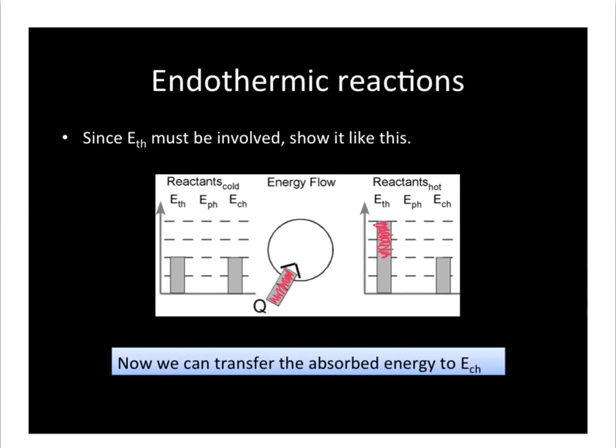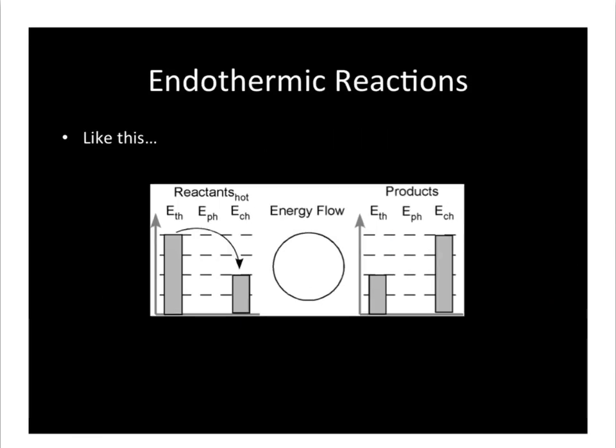We're cooking it. We did this in the magnesium oxide lab when we put the magnesium inside the little ceramic dish and we set it over the fire and we saw it glow. By putting that fire underneath, we were adding this energy here to it. So we heated up our reactants. Okay, then this heat gave its energy over to the chemical, and we were left with products that were high energy.